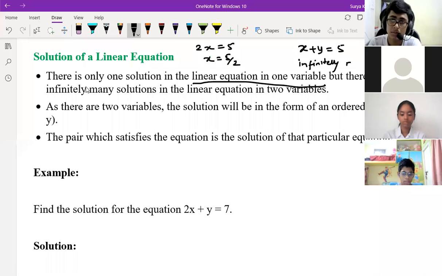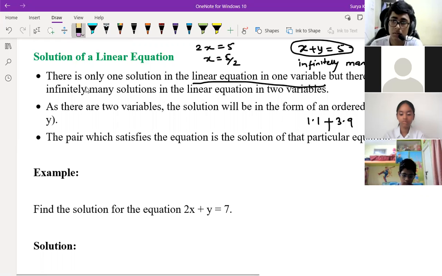Sir, how many infinitely? Sir, it's only 2 or 3, right? Which one? This one? Yes, sir. You can take 1.1 plus what can you take? Okay, like that, 3.9. So infinitely many solutions will come. It's not only 2 or 3, infinitely many solutions. Understood?